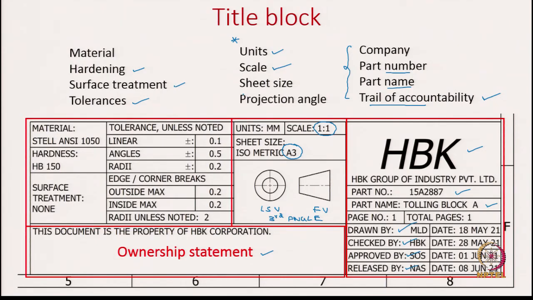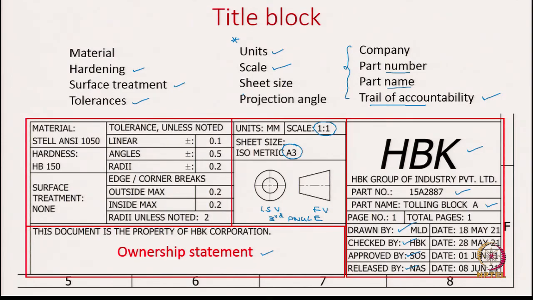But once you go to a specific place to work, depending on the place of work, even the layout of these title blocks will change, and depending on the purpose, some of this information might be removed and some retained.